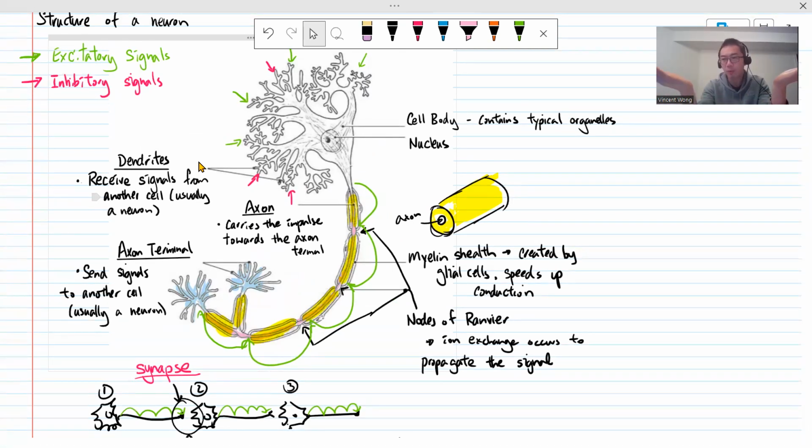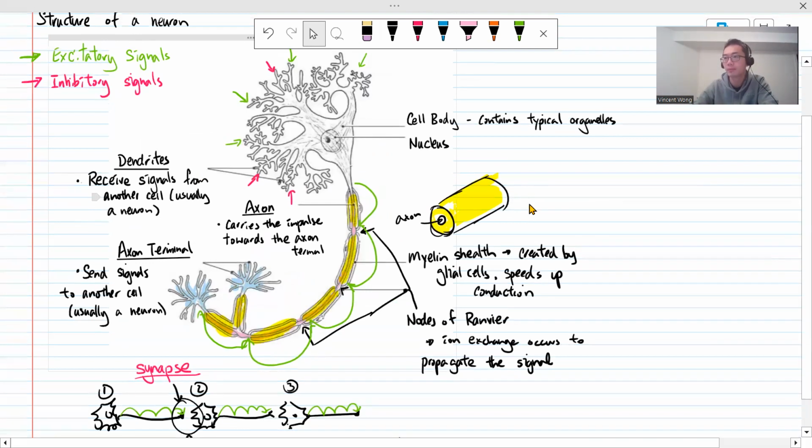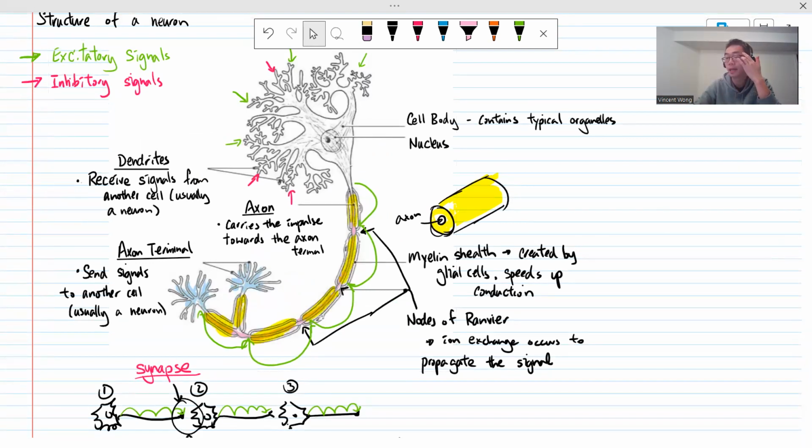Any questions before we proceed? I have a good question. Yeah. What force leads the signal to go from node to node and then through to the axon terminal? Okay, so how come it jumps from one node to another node, right? Yeah.